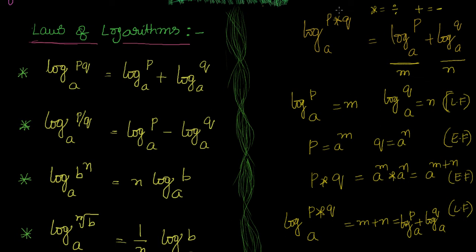Now you have to prove this as division, and the result as subtraction. Let us take these as the same m and n. This is also the same step, but now you have to divide them. So p by q is equal to a to the power of m divided by a to the power of n. So this becomes minus, which means at the end you will get this.